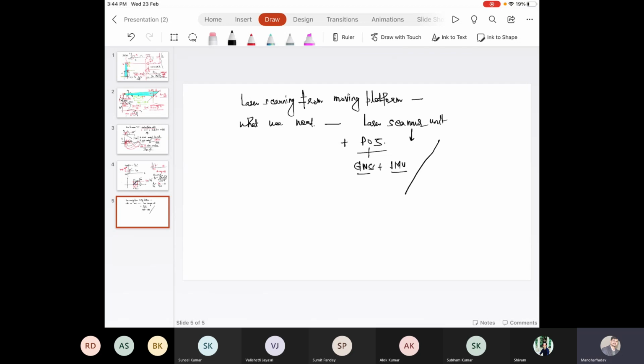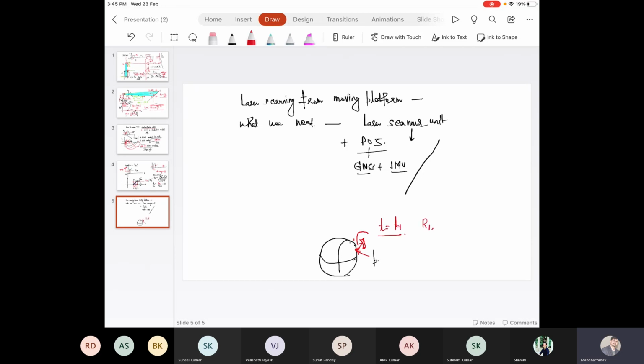The meaning of geolocation is, let's say this is the target point P, and this target point is somewhere on the Earth's surface. Let's say it is positioned over here, and the aircraft is flying. So the range is calculated with a scan angle. Let's say at time T equal to T1, a laser pulse is transmitted.